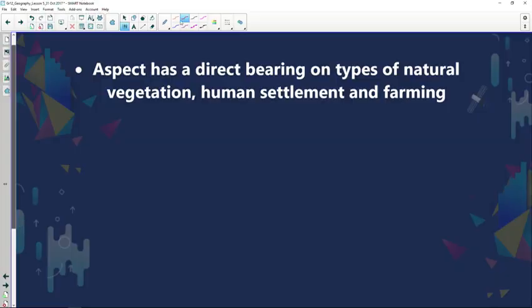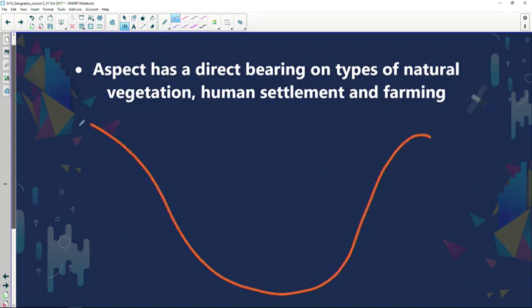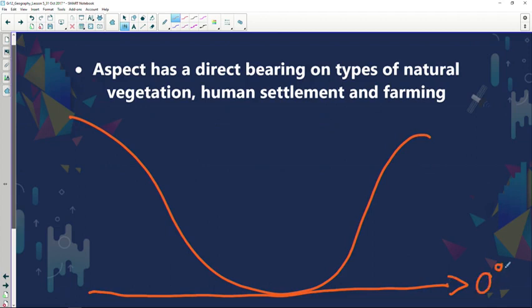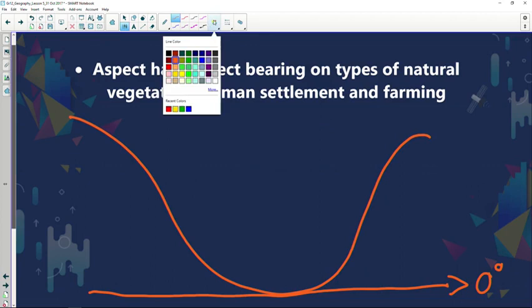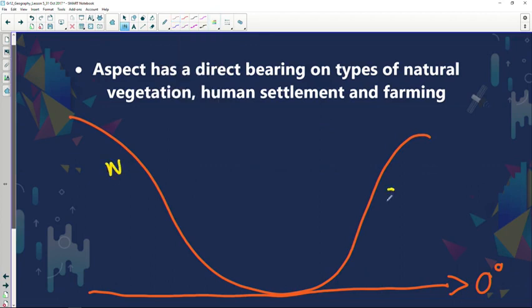We discussed it. I'm going to redraw my valley over here. Now, bear in mind, we are in the southern hemisphere. So if I move in that direction over there, I'm going to move to the equatorial regions. Now, there's our north-facing slope, there's our south-facing slope.